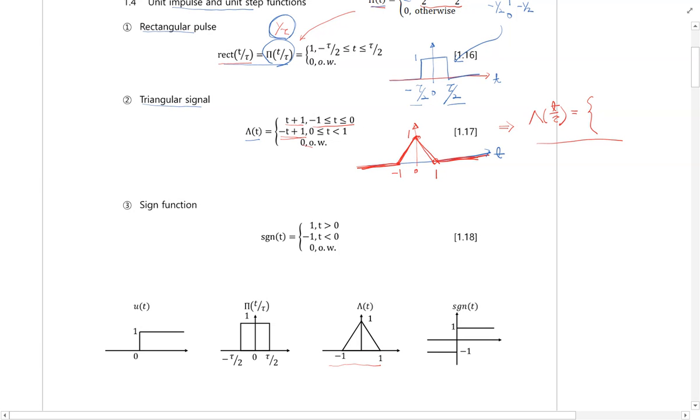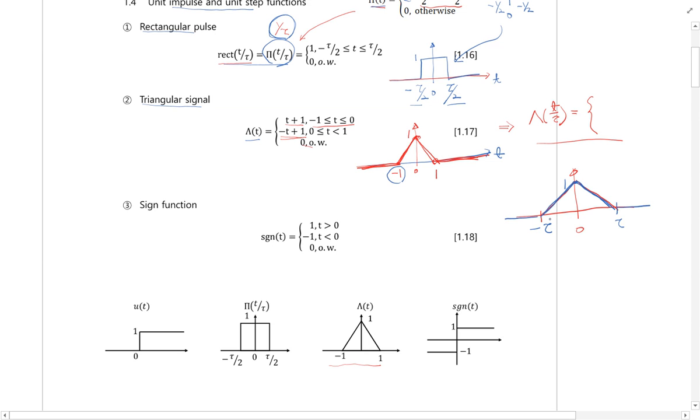This is 0, and the intercept points, minus 1 and plus 1, are scaled by tau, so they become minus tau and plus tau, and the magnitude is 1. So this is the curve.